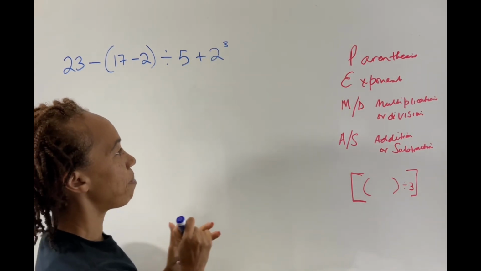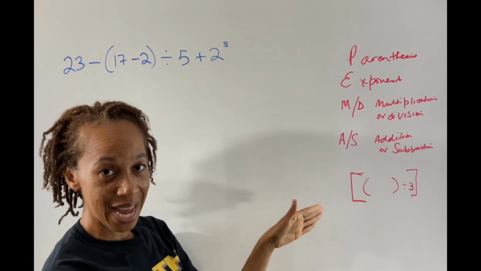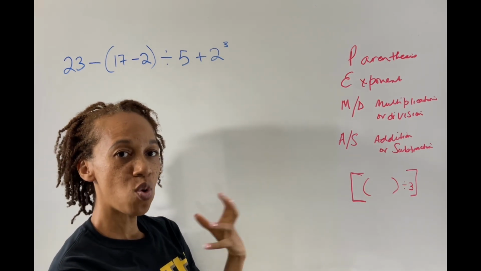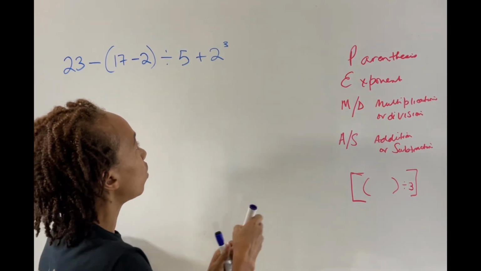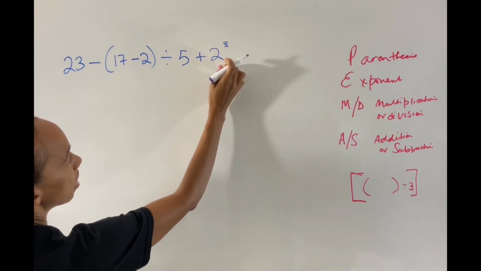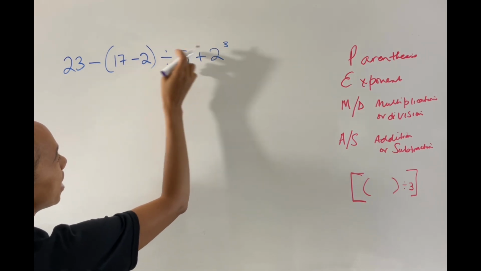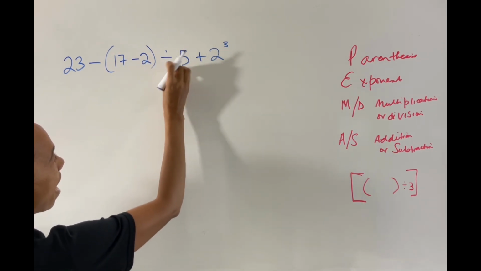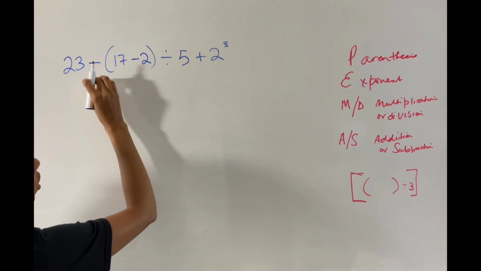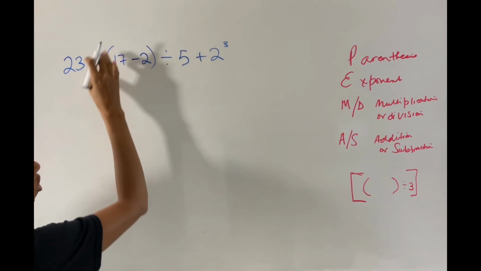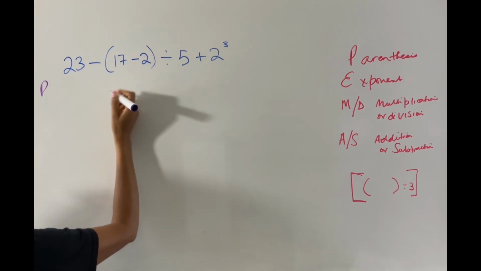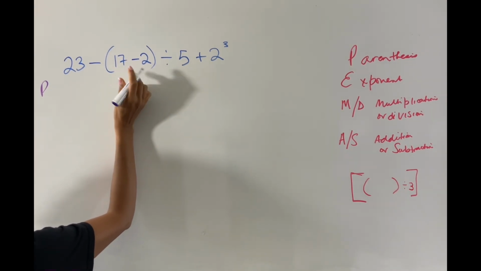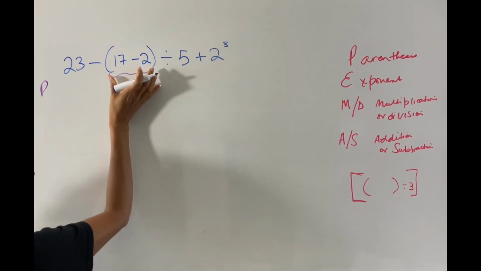I always tell my students, write PEMDAS at the side so you know what you are going to do first, and look at the problem, and then you'll notice, oh, I have here exponent, I have parentheses here, I have division, and I have also a subtraction. So you're going to do parentheses first, and I tell them always put the P here and look for the parentheses. You see a parentheses here, so you're going to take care of this first.